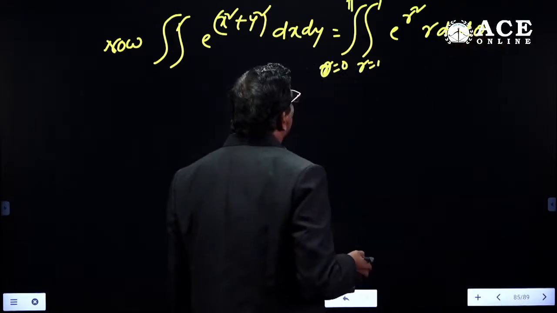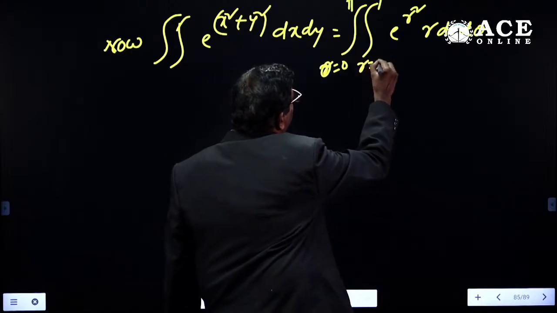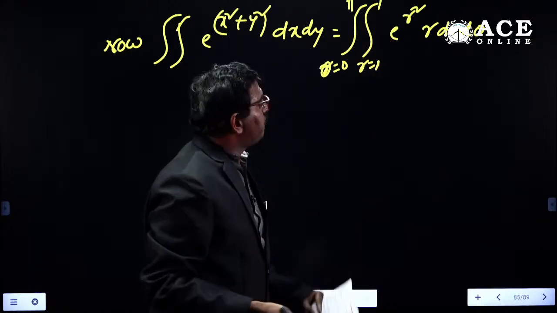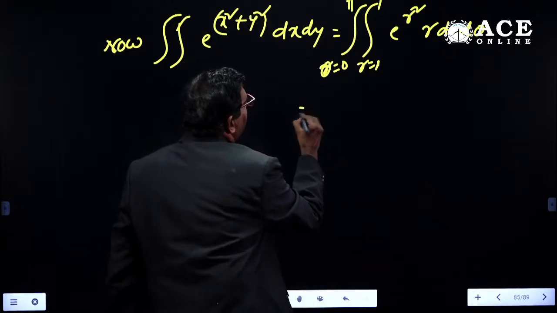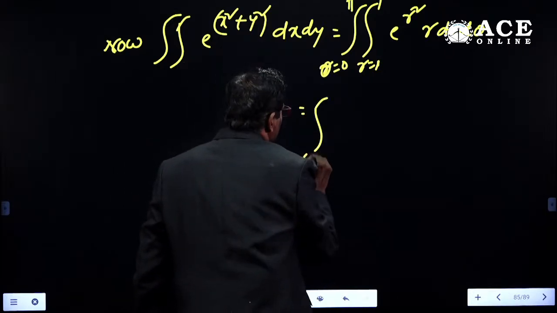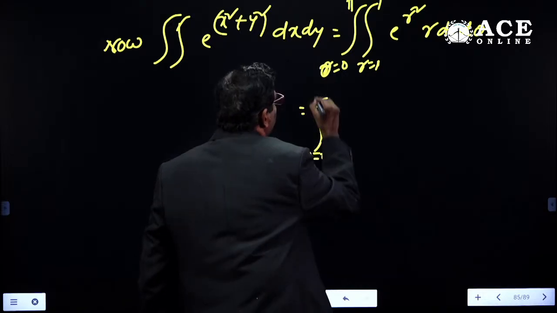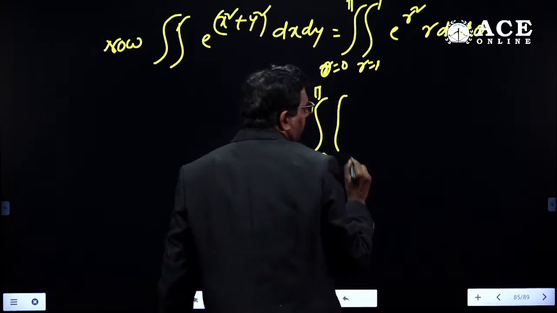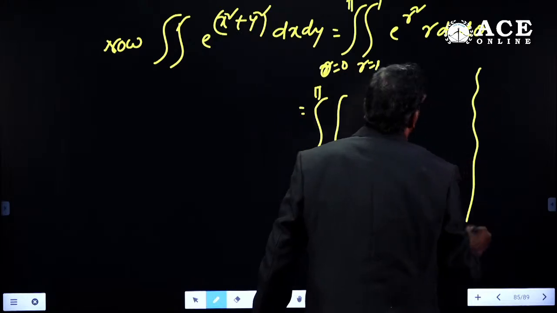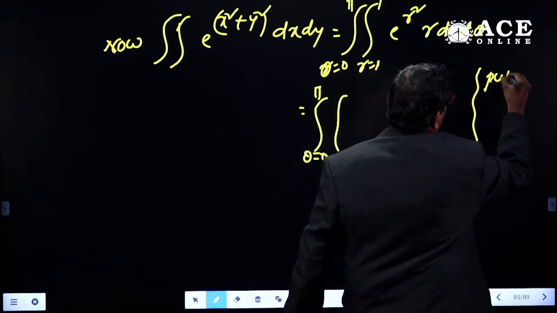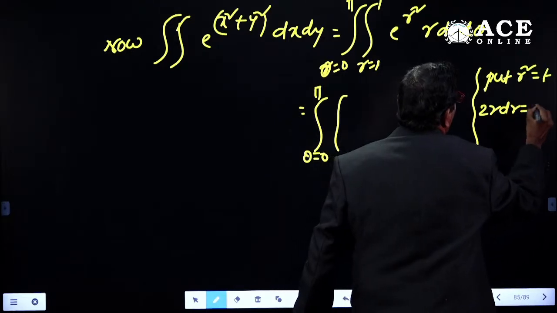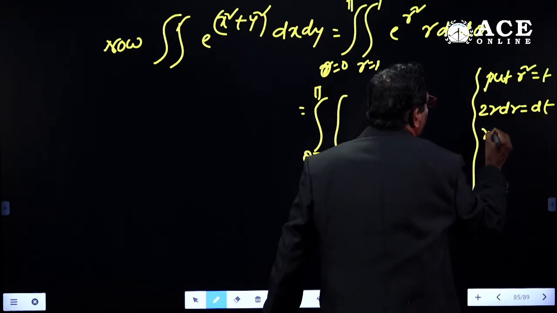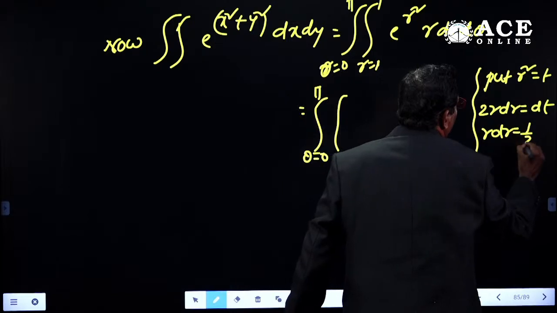Now here we can integrate with respect to r first or theta first, no problem, because both limits are constants. Now I will integrate with respect to r first. Substitution: put r square is equal to t, 2r dr is equal to dt, r dr is equal to 1 by 2 dt.